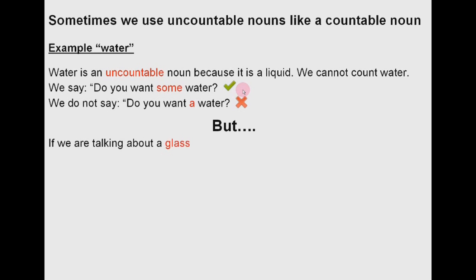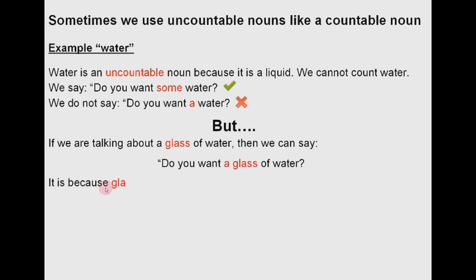For example, if we are talking about a glass of water, then we can say, "Do you want a glass of water?" That is all right, that is okay. And it is because glass is a countable noun. However, water still is uncountable.